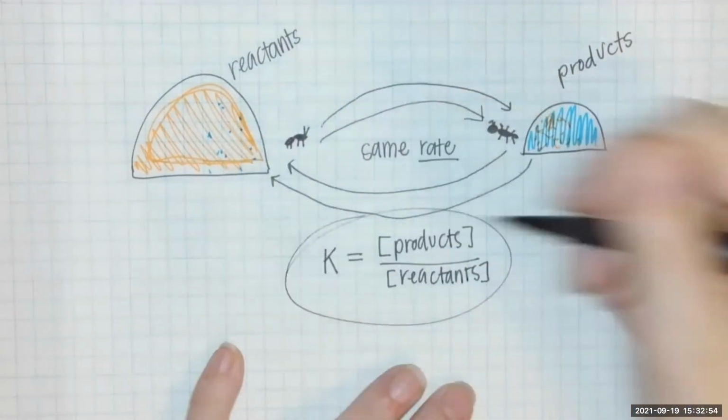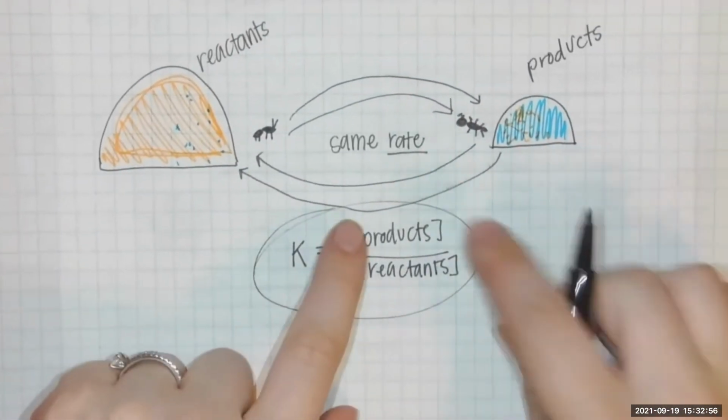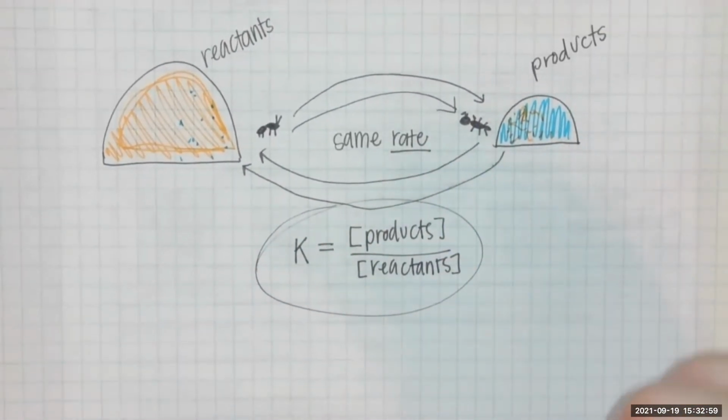Always, always, always. You can memorize that. K equals products over reactants.